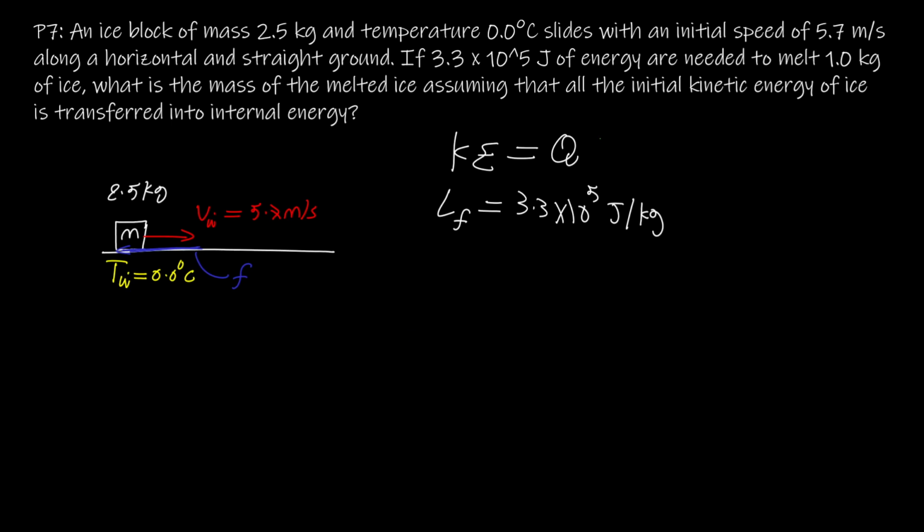So that's why we use the equation kinetic energy is equal to Q. That means we are interested to find how much of this kinetic energy is converted to heat. Well, we know that kinetic energy in that case is 1 over 2 m of the ice, v of the ice squared, is equal to, now what kind of equation should we use for Q? We are interested in melted ice. So which equation are we going to use? What do you think?